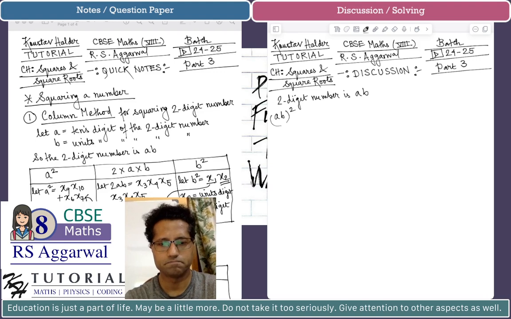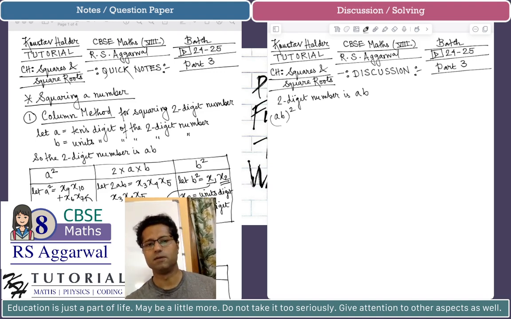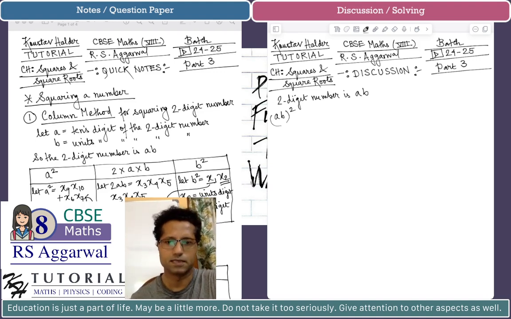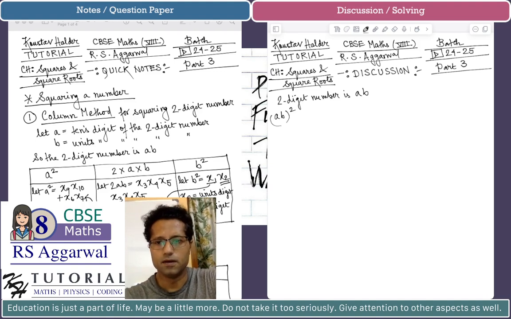Now whatever the value of A square is, it could be of a single digit, or at maximum 2 digits. Let's say it is of the form x9 x10, where x9 and x10 are digits.